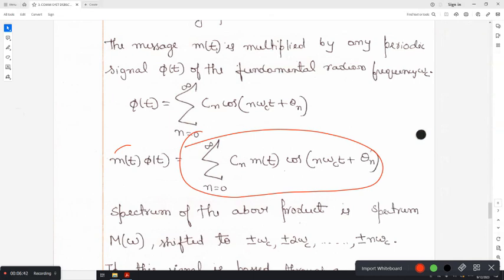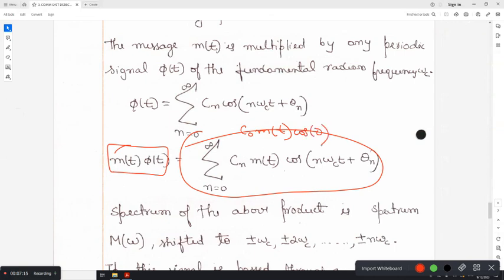Can you expand this expression for n equal to 0 to infinity? Of course, you cannot go till infinity, but you can go till some value, right? Yes or no? Okay. Now, can you expand this? m of t into phi of t is equal to, let us expand, C0 m of t cos of 0, right?